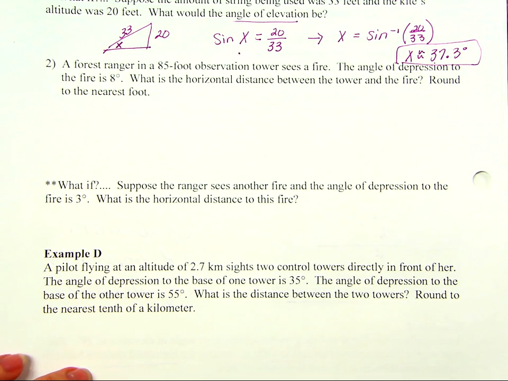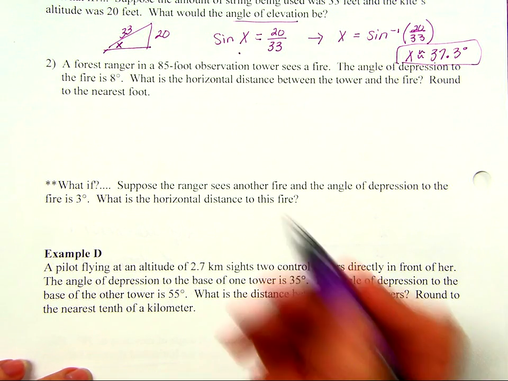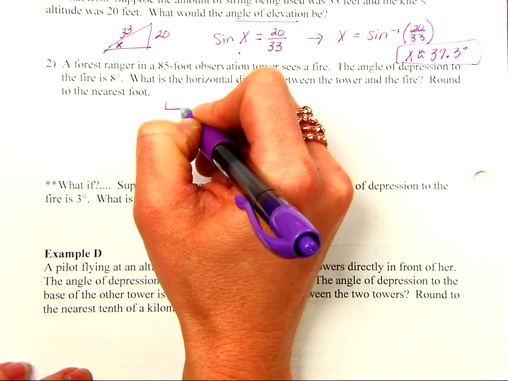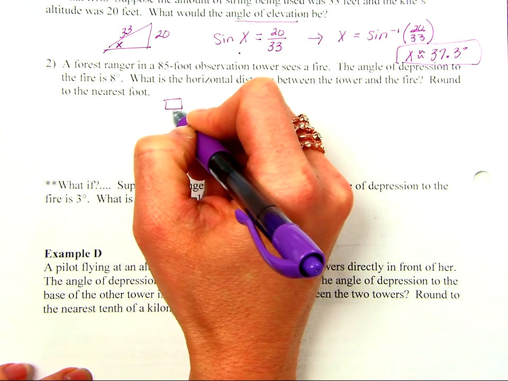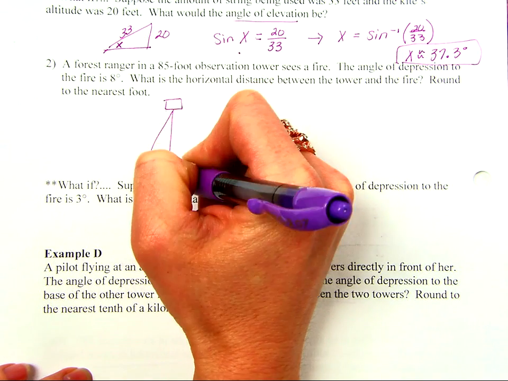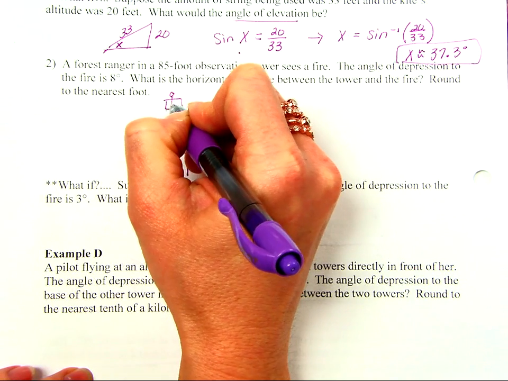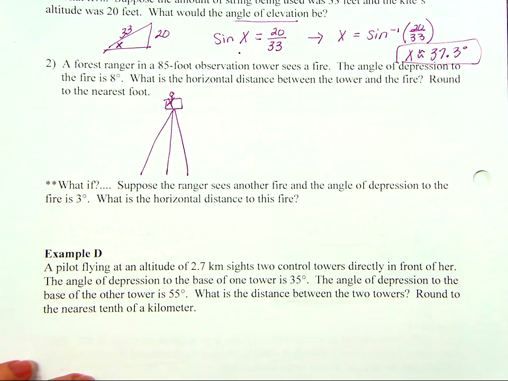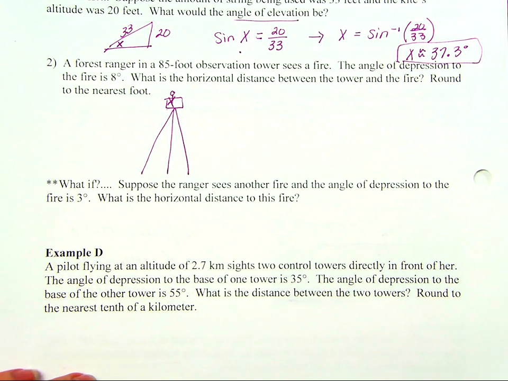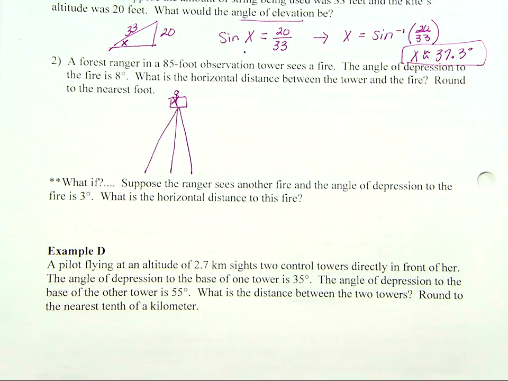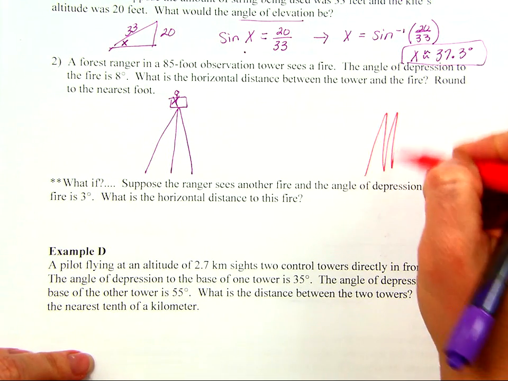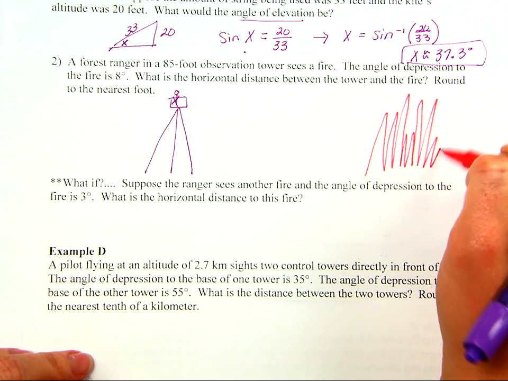I have an 85-foot tower. Okay, let's draw my tower. And my forest ranger is up in that tower. He sees a fire. So I'm going to take the fire over here.